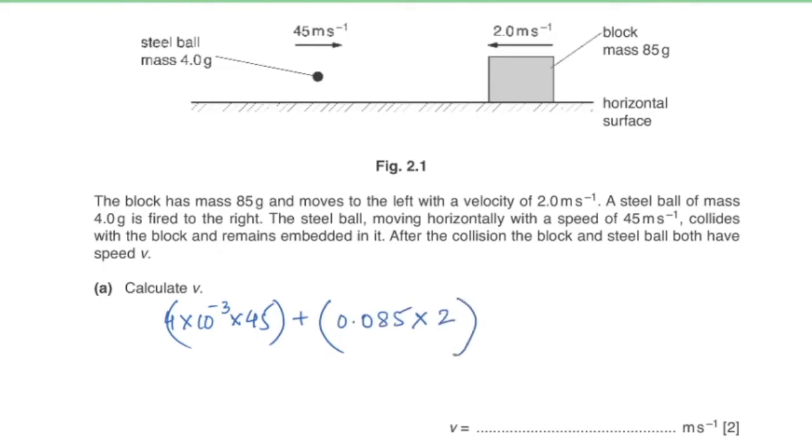But since the block is moving towards the left and momentum is a vector quantity, I'll add a negative sign to the velocity, -2. This is going to be equal to the momentum after collision, where the steel ball has embedded itself into the block. So I'll have the sum of their masses multiplied by the common velocity, which is v, and that's how we get v as 0.112 meters per second.